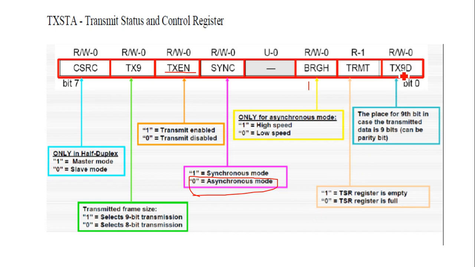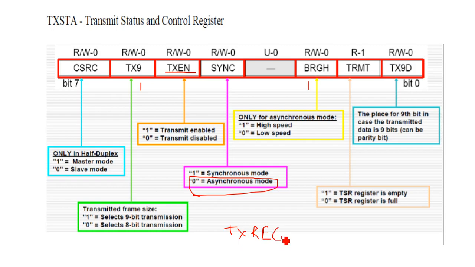Then TX9D. Here, if it is 1, then it considers the 9-bit transmission. But we have the TXREG register.